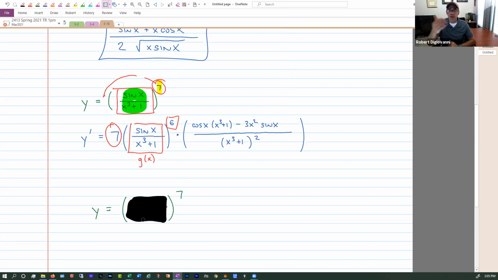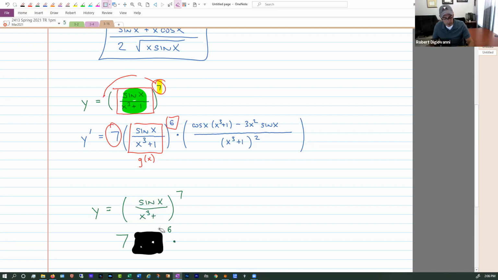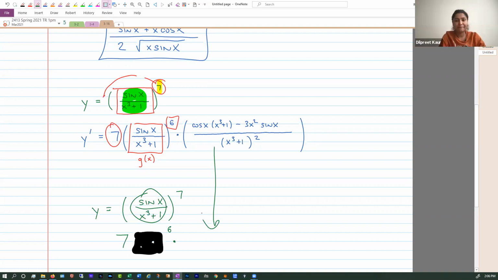And then I'll ask Dilpreet, what is the derivative of a black box raised to the 7th power? And you'll tell me 7 up front, and it's the black box, right? Raised to the 6th power. And then I say, okay, good, Dilpreet. Now chain rule says times. Now you can uncover the box. And now Dilpreet, tell me what the derivative of this is. And then that would be this part, right? That make kind of sense? Yes, sir. It does. Okay, good.